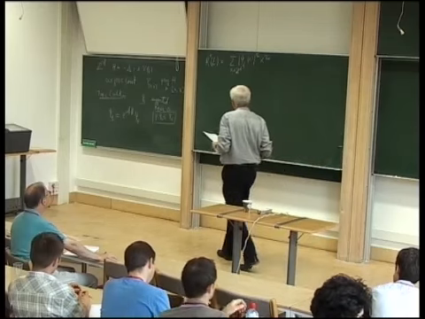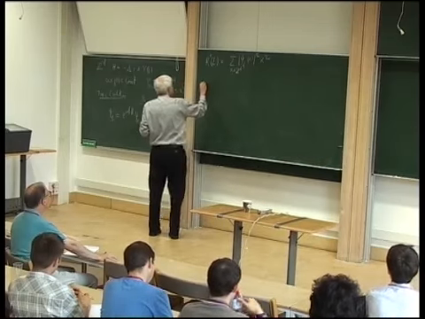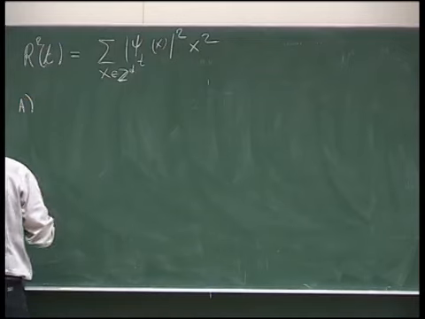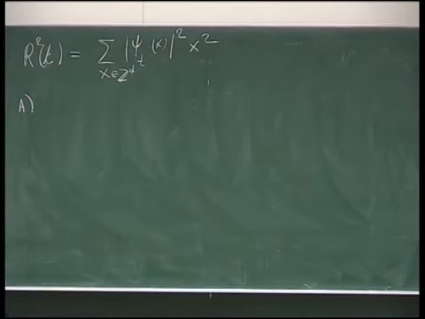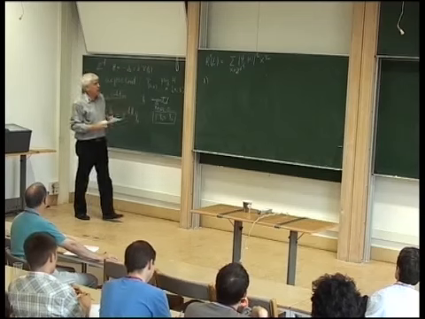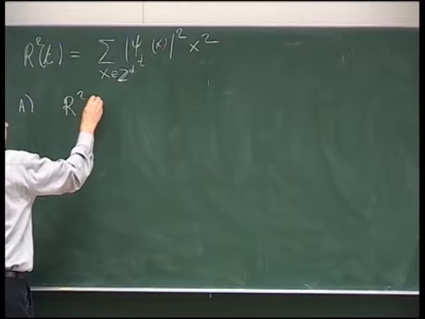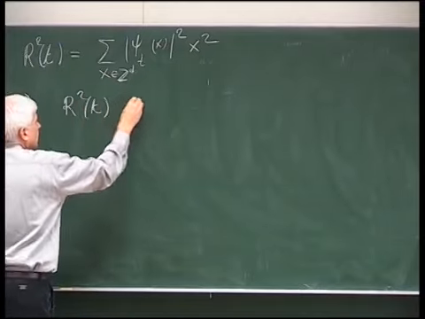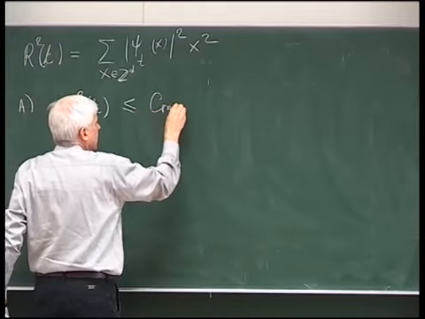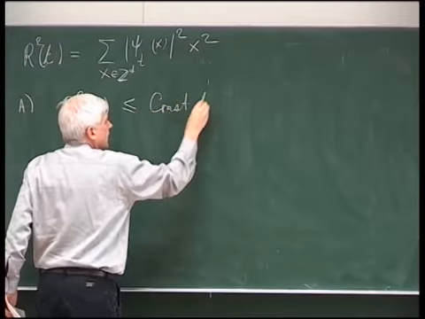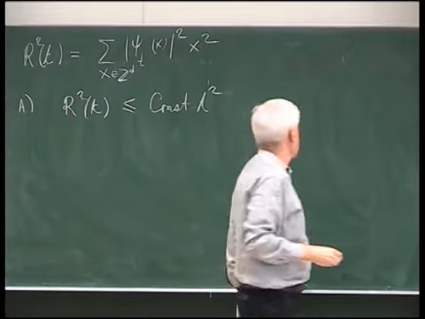So the first fact is that for any such potential on the lattice, we have the following result. R squared of t is always less than some constant times t squared. That is a fact.